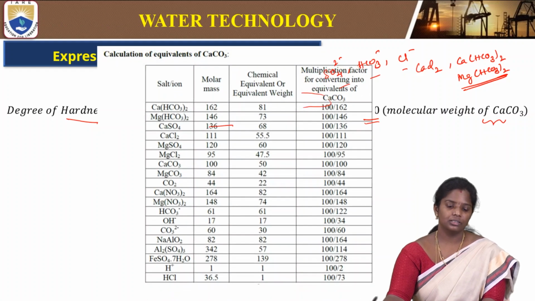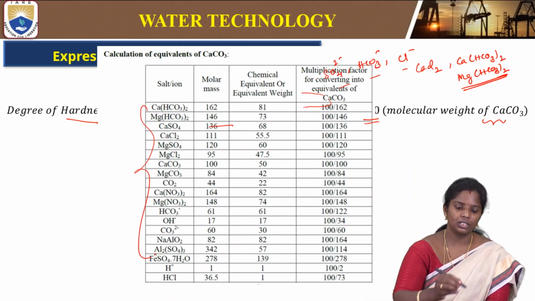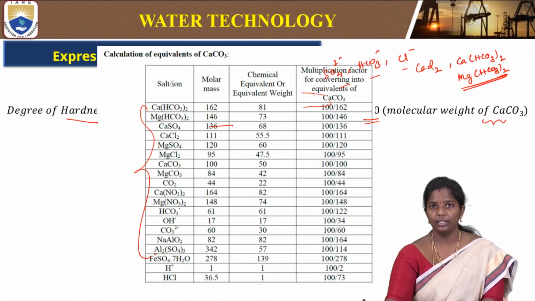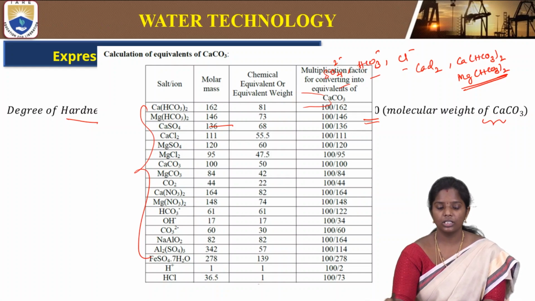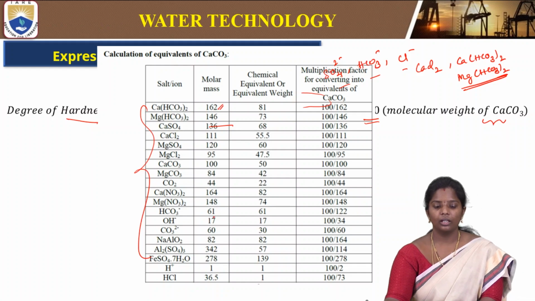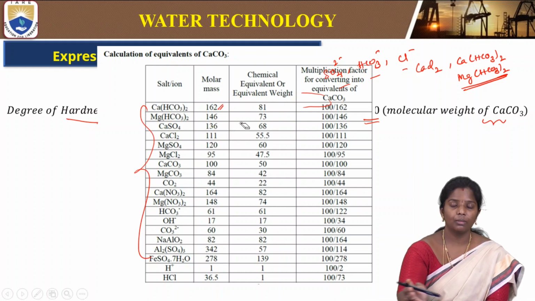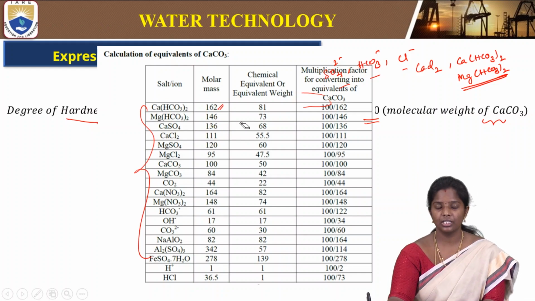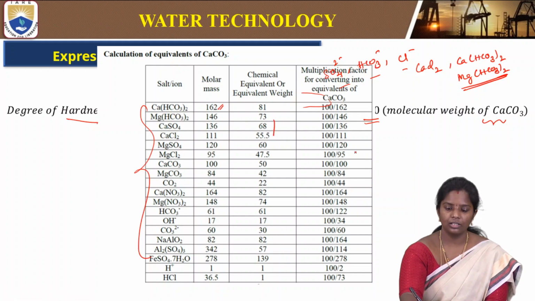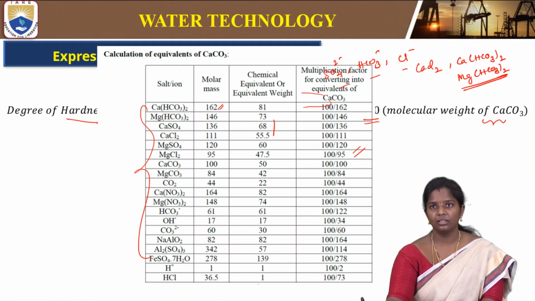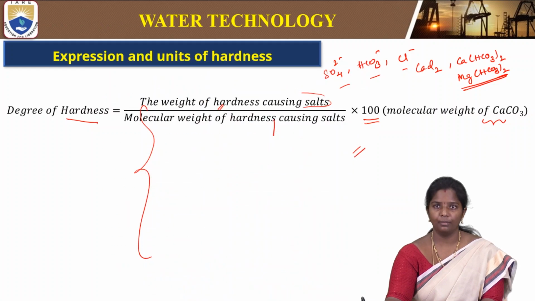There are several types of salts causing hardness in water. These are the molecular masses we will be using in further calculations, this is the equivalent weight, and this is the multiplication factor using 100, the molecular weight of calcium carbonate.